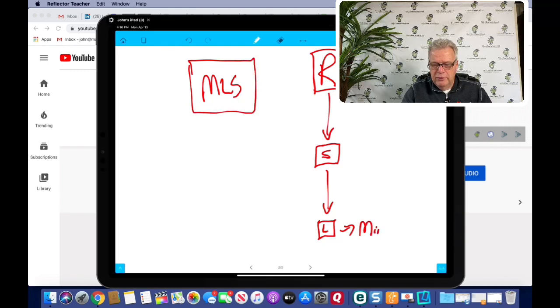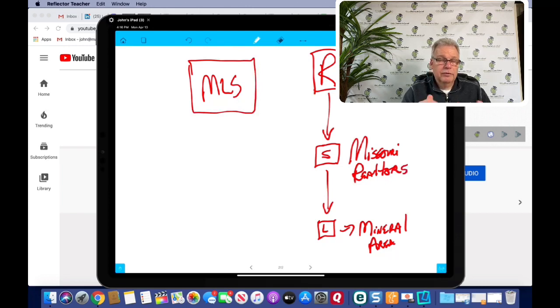So this is my example. This is the Mineral Area Board that I'm a member of, the local board, and we're members of the Missouri Realtors, of which I am the treasurer this year, so I will be the president-elect next year, I guess is how they call it, and president, hopefully, if I don't do anything wrong, which I'm not going to.